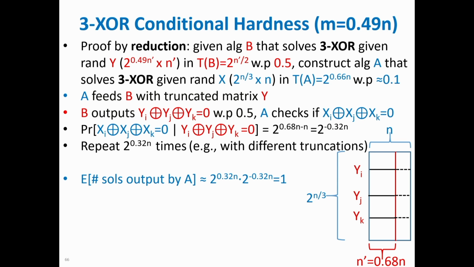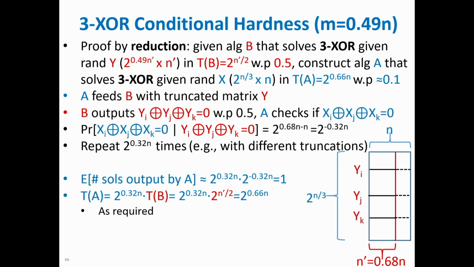Okay. So now we define the algorithm A and the expected number of solutions that will be output by A. If we repeat it 2 to the 0.32n times, and the probability of being correct is 2 to the minus 0.32n each time, then the expected number of solutions output by our algorithm A is 1. Okay, so that looks okay.